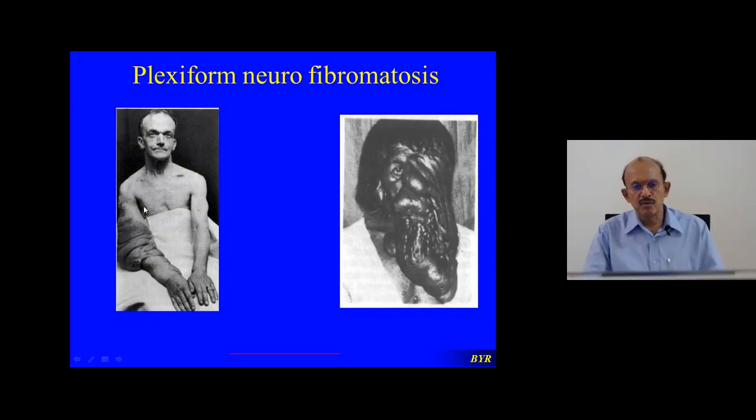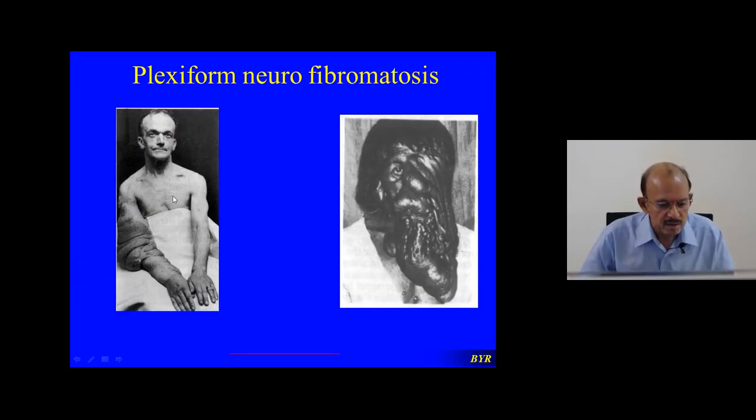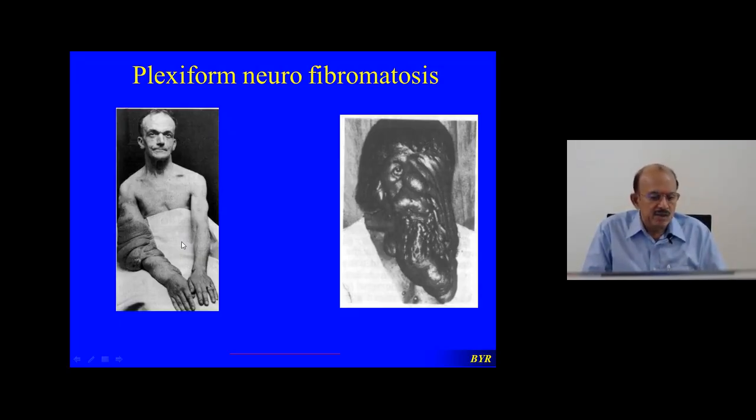And this plexiform neurofibromatosis may be associated with multiple neurofibromatosis. This is not due to multiplication of the nerve cells. This is due to thickening of the endoneurium of the nerve fiber. The nerve cell is the axon.